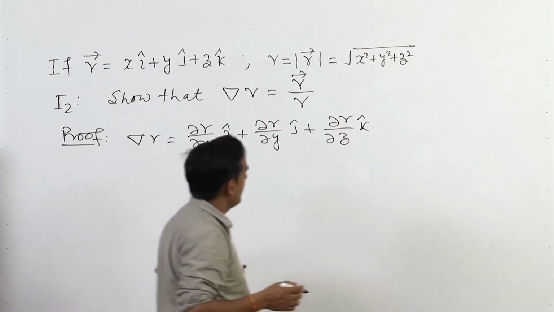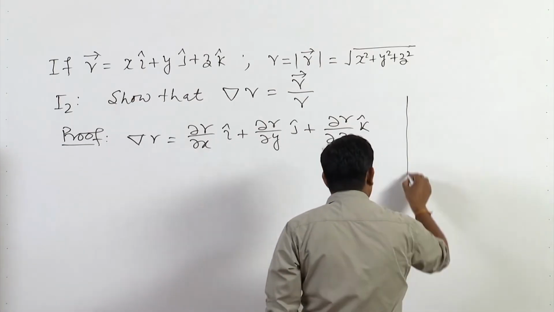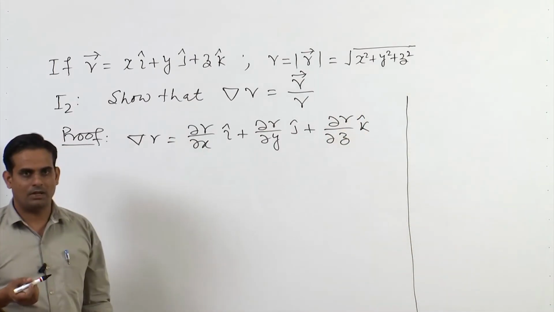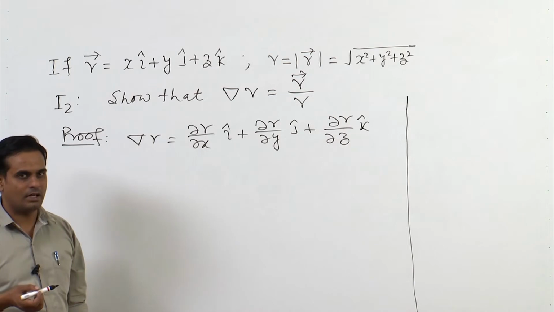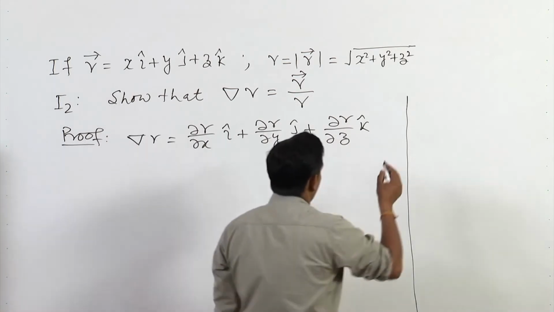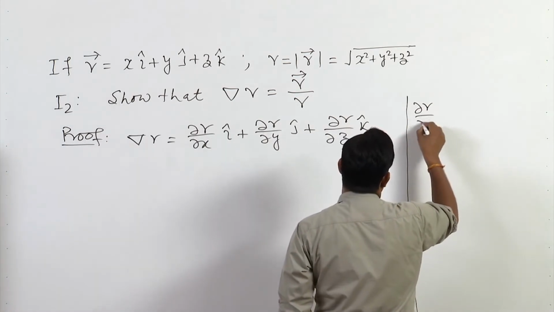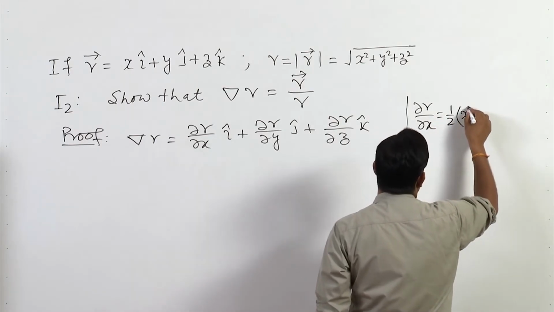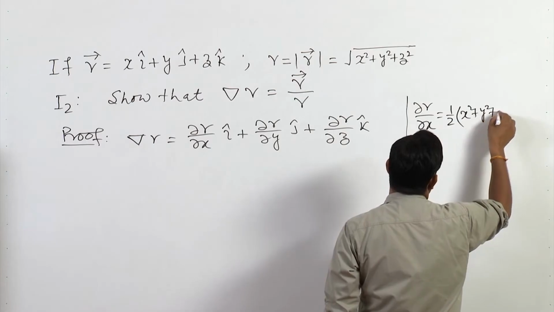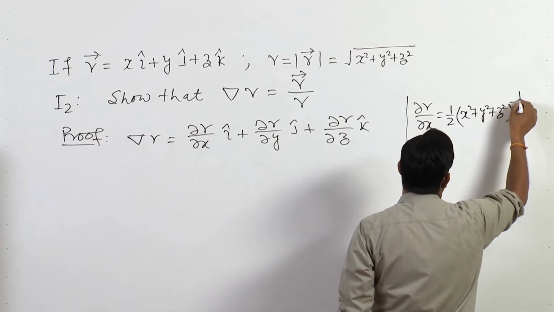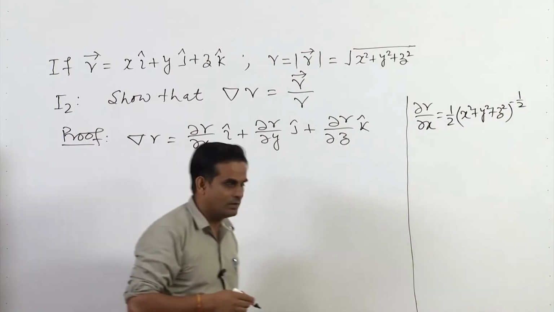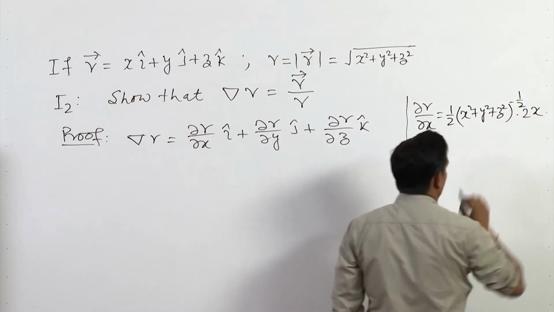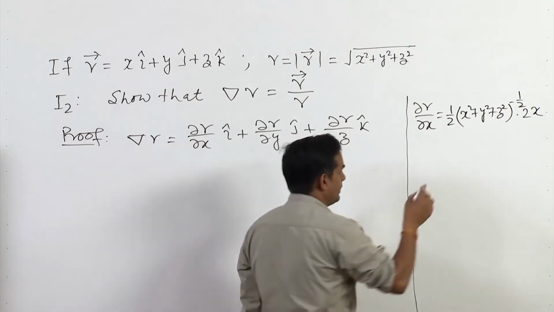Here, r is the square root of x square plus y square plus z square. If I find del r over del x, it will be 1 by 2 into x square plus y square plus z square raised to power minus half, into twice x.